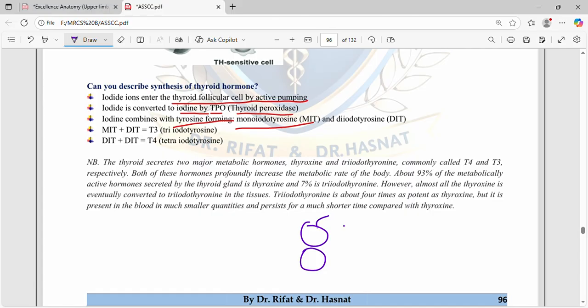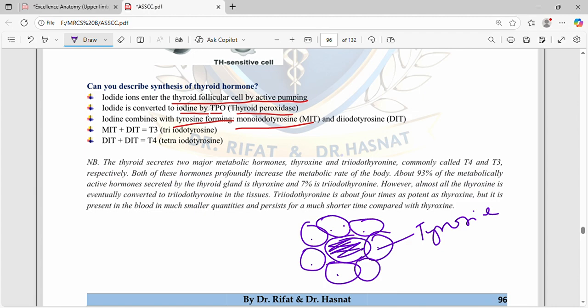These are the different cells, and they have formed a thyroid follicle. So in the center they have a colloid. So they have tyrosine. Tyrosine combines with iodine to form monoiodotyrosine and diiodotyrosine moieties. Okay.